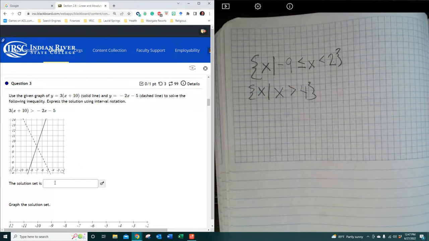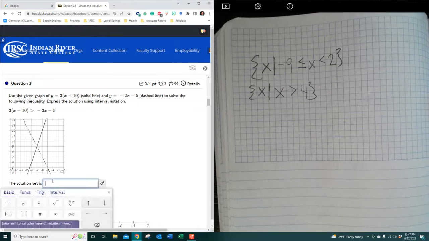So the way you write that answer is, since it's not an inequality that is inclusive, in other words, it doesn't have an equal sign, you're going to have an open parenthesis. So it's going to be open parenthesis negative, what is it? Yeah, -7, because it's negative there, on into infinity.